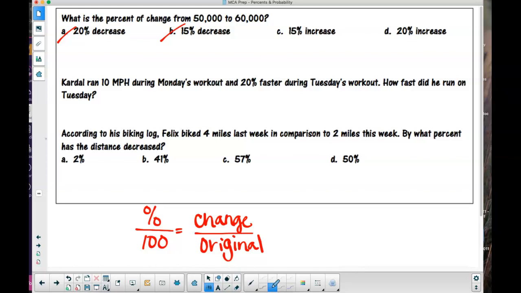Now, we're going to do this. Do we know the percent? No. So we're going to put X over 100, and change over original. What do you think? 10,000 over 50,000. Good. Because it changed. It went from 50 to 60, so it changed by 10,000. And the original amount was 50,000. So then we solve that. And what do you get?